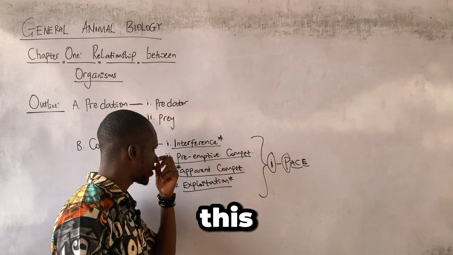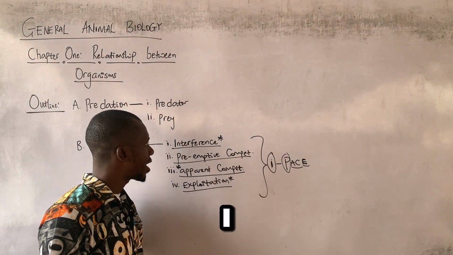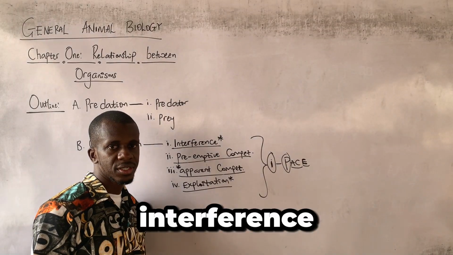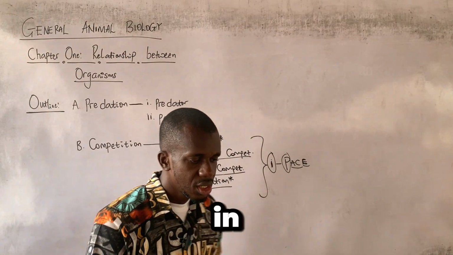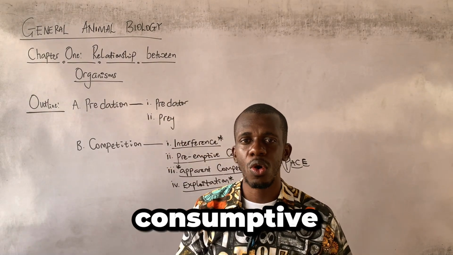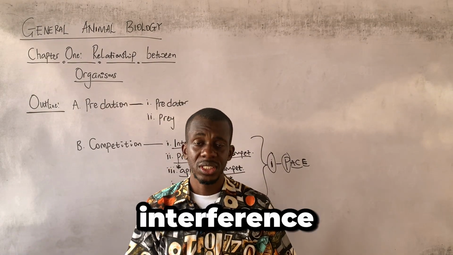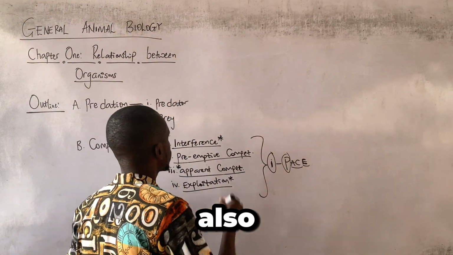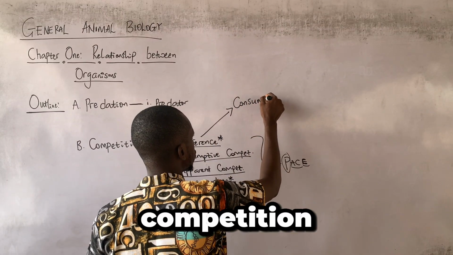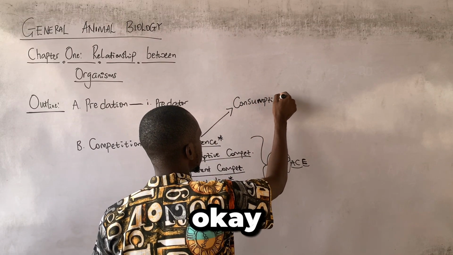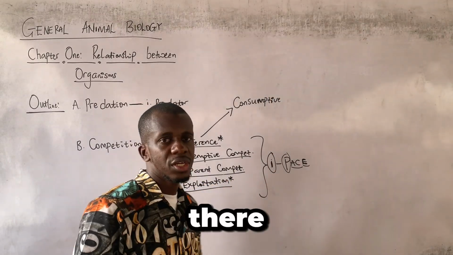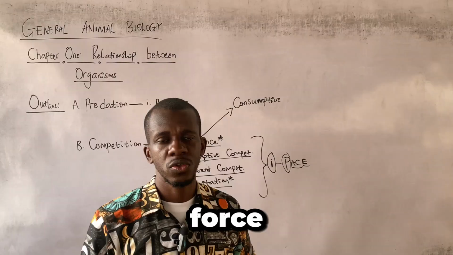Now, let's discuss this, shall we? Let's start with I, which is interference. In interference competition, which is also known as consumptive competition, there is really no use of force.